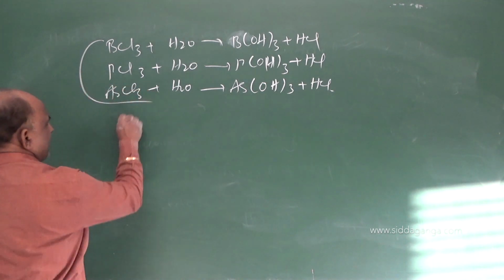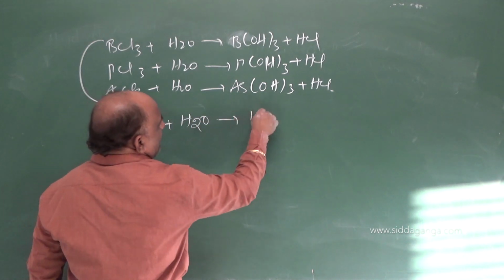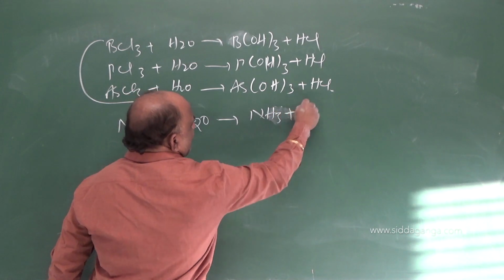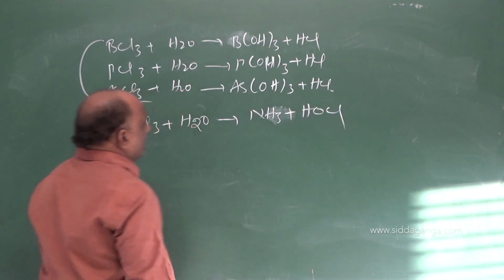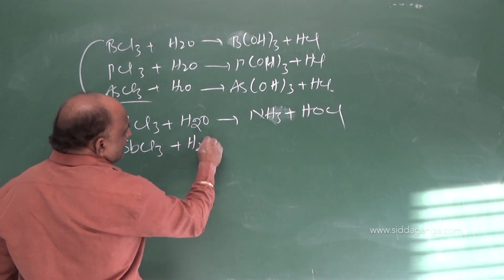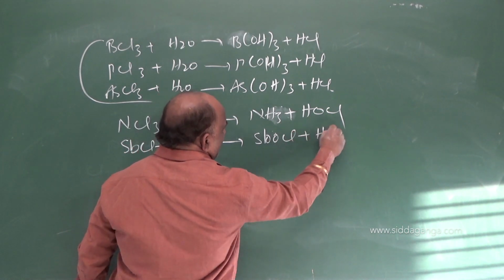What is the importance of NCl3? NCl3 plus H2O gives rise to NH3 plus HOCl. SbCl3 plus H2O gives rise to SbOCl plus HCl.